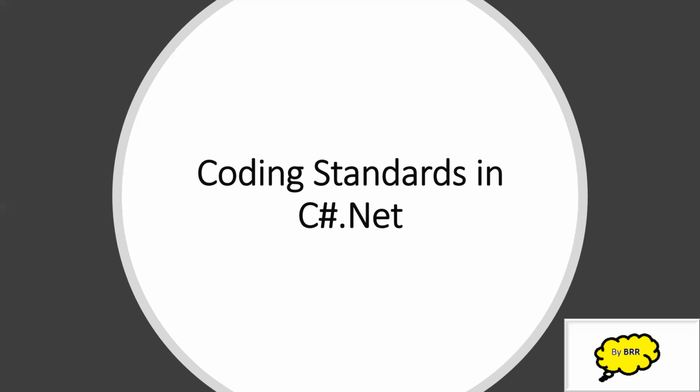So a coding standard ensures that all developers writing code in a particular language write it based on the guidelines defined, right? If you follow the guidelines defined as part of coding, it will make the code easy to understand and provide consistency in the code.